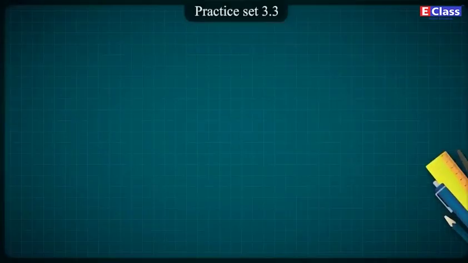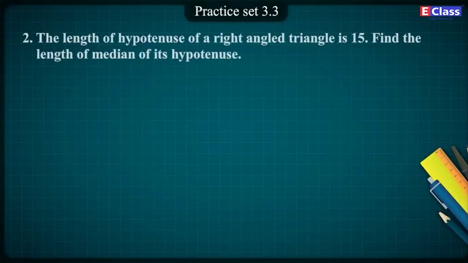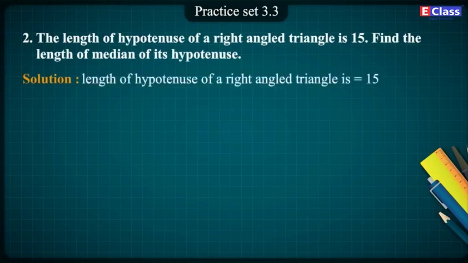Practice set 3.3. Question number 2. The length of hypotenuse of a right-angled triangle is 15. Find the length of the median of its hypotenuse. Solution. Length of hypotenuse of a right-angled triangle is 15.